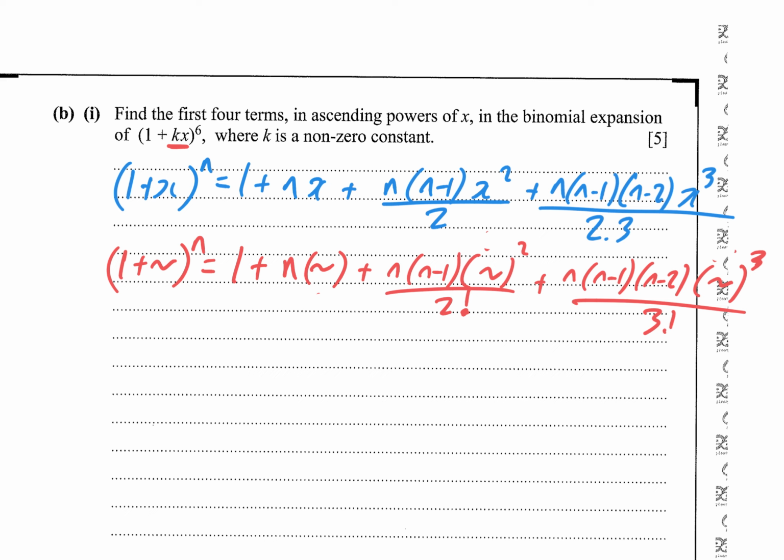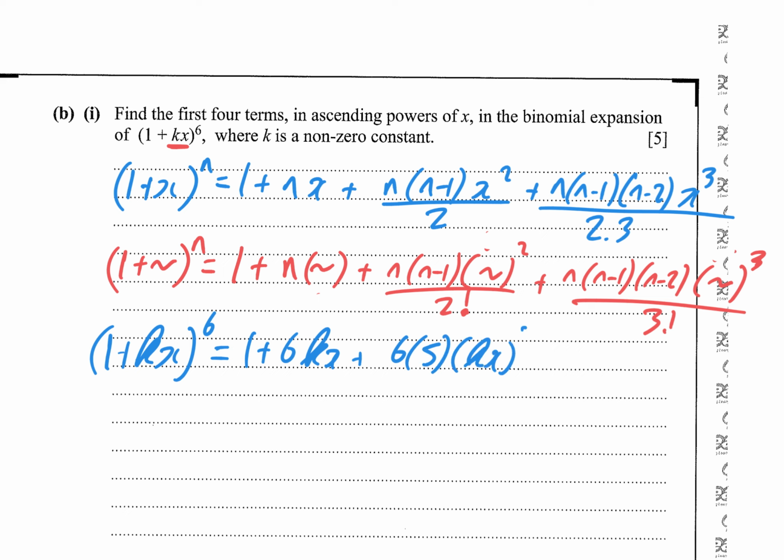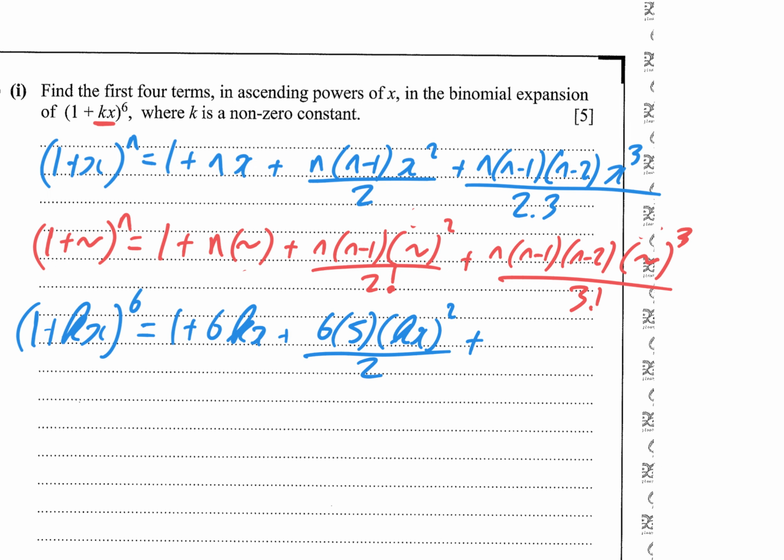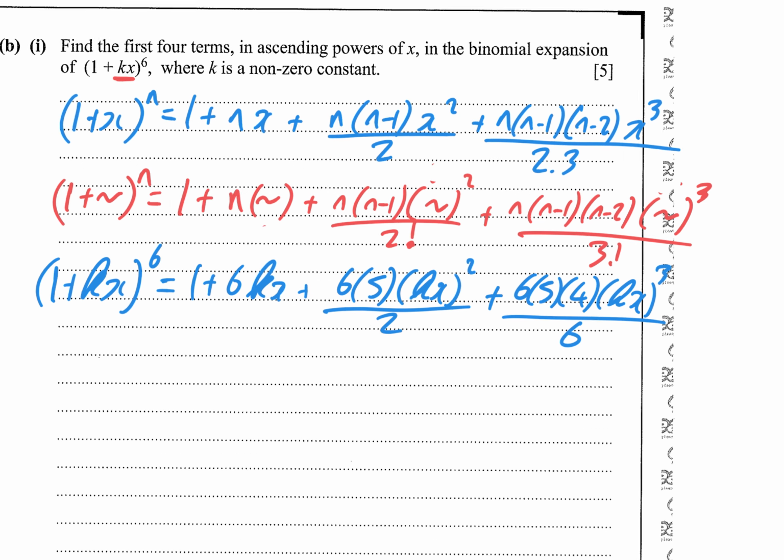Okay, right, let's get cracking on this. What do we have? 1 plus kx to the power of 6. So that's going to be 1 plus 6 times kx, plus 6 times 5 times (kx) squared over 2 factorial, which is 2, plus 6 times 5 times 4 times (kx) cubed over 3 factorial, which is 6.